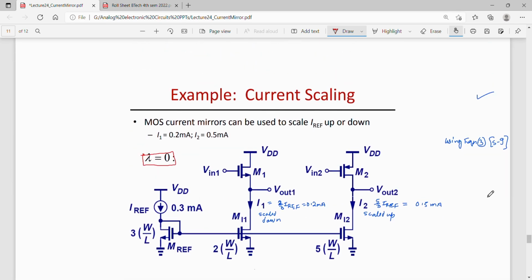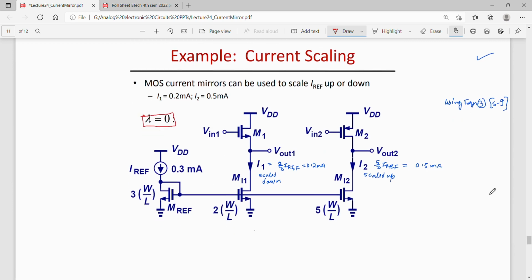Now let us take some examples of current mirror scaling of the current. Let us say I have a current mirror over here. So this part is my current mirror, a MOS current mirror, and to this MOS current mirror M1 is a load, and then this transistor is also connected with M2 as a load. So I1 flows through this and I2 through this.